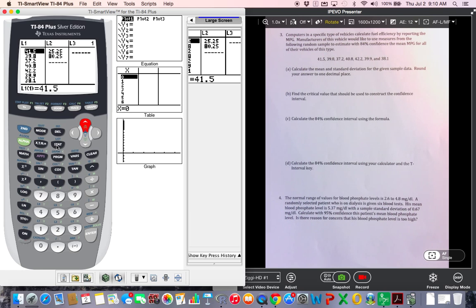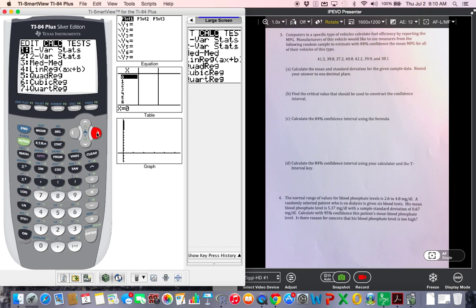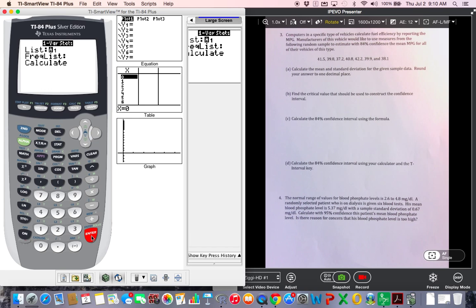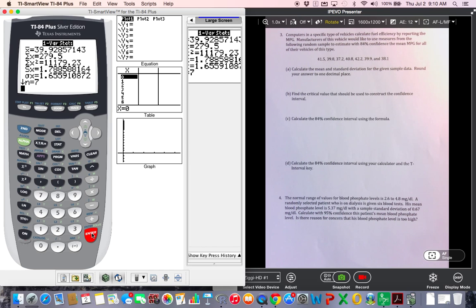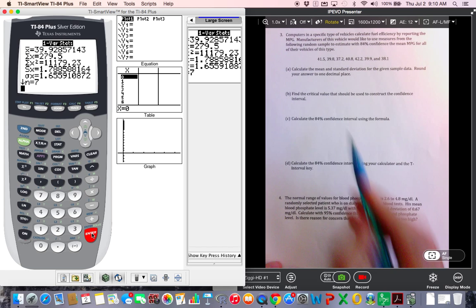Okay. So guys, to find the mean and standard deviation, I'm going to go to stat, over to calc, one variable stats. I put my data in L1. I don't have a frequency distribution. So I hit calculate, and I see that my mean is 39. Let's see, what does it say?